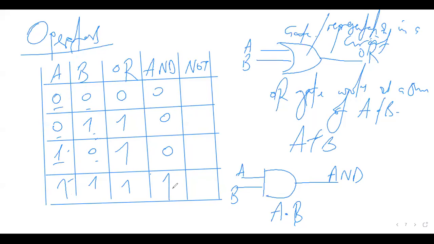Then we have the NOT, which is basically the opposite of any input. I think the NOT doesn't fit here well. Let me do this, which is the NOT. If you have an input A, the output is NOT A. If your input is 0, the output will be 1, basically the opposite.